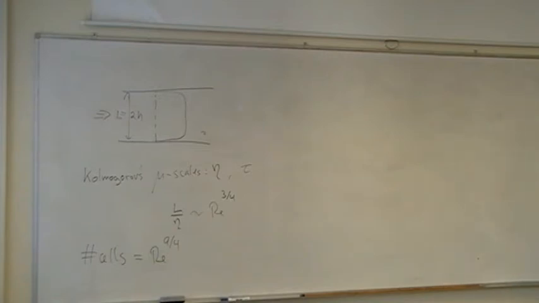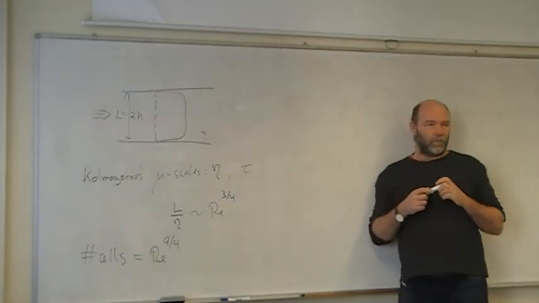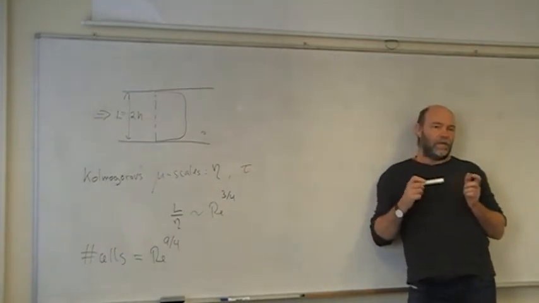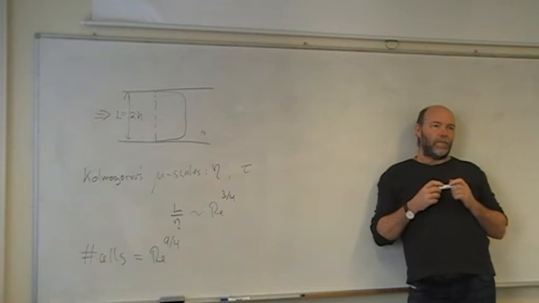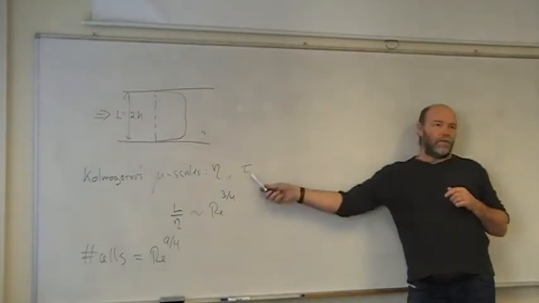The DNS that I did was based on finite differences, so I have to worry about the Courant number, I have to worry about the cell Reynolds number, that should be smaller than 2. But I had to use a so small delta t anyway, so it was not a problem.